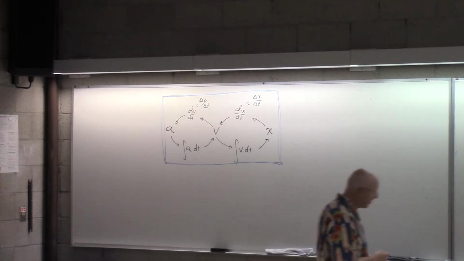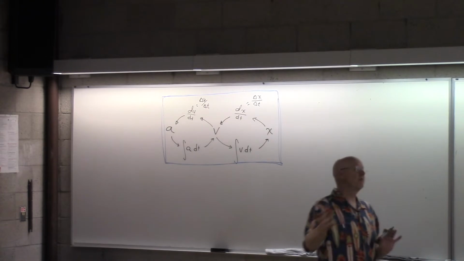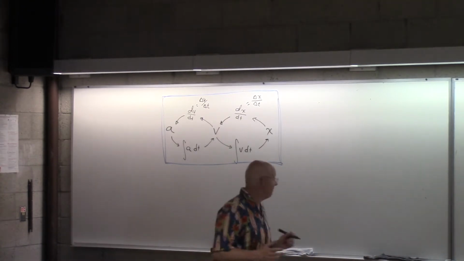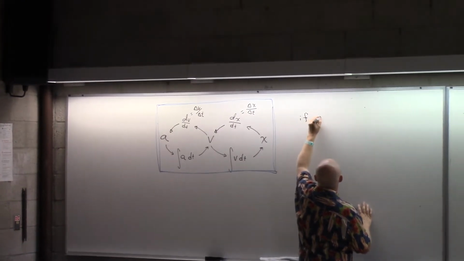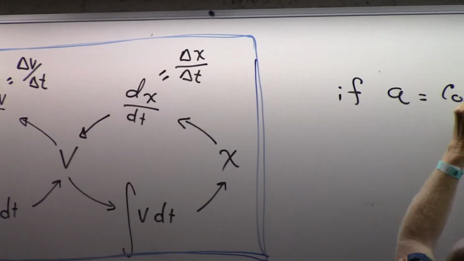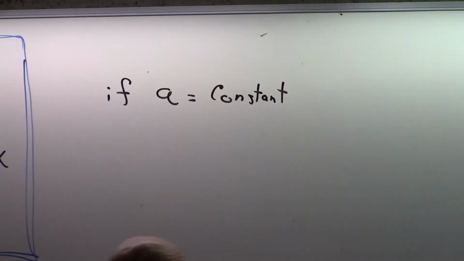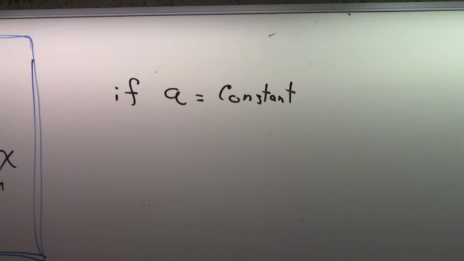Let's do this. Let's start with an easiest problem we could probably be given, and that is, what if the acceleration is equal to a constant value? This is fairly common.